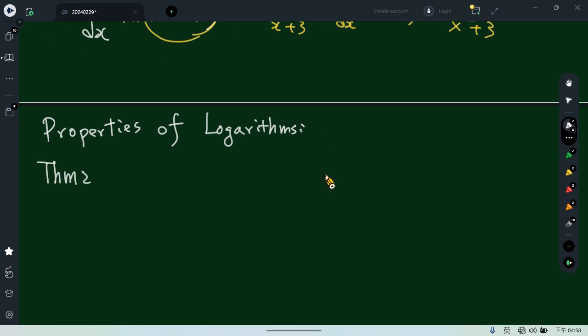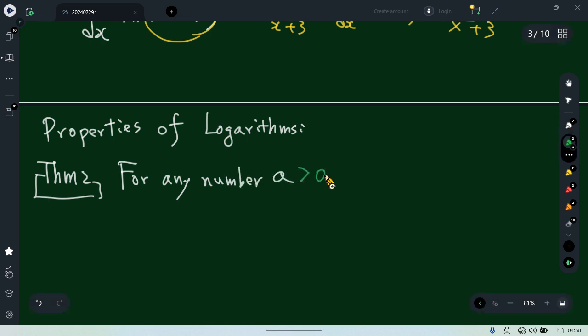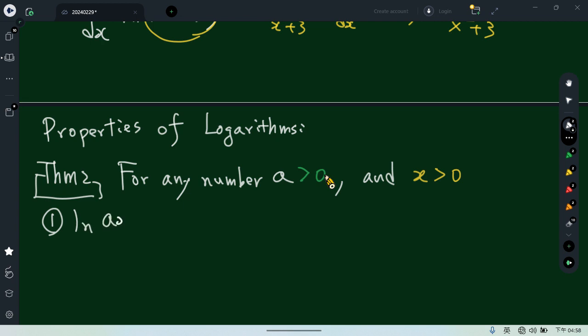The second theorem is about any number a, which should be positive, and x is also positive. Then we will talk about 4 properties. The first one is ln ax is equal to ln a plus ln x.